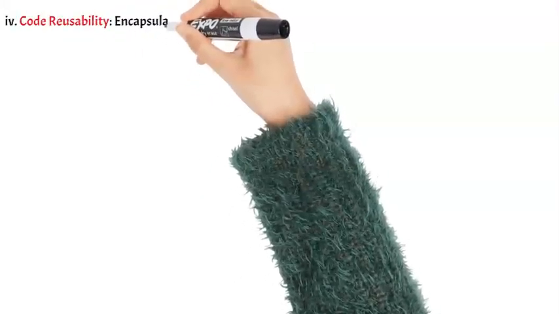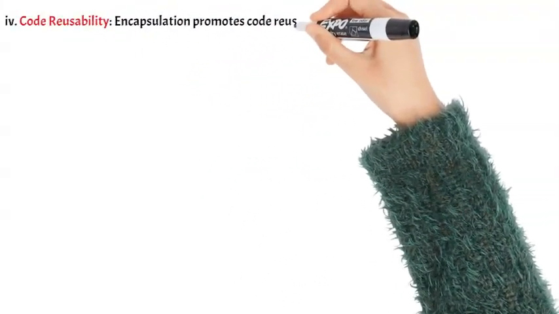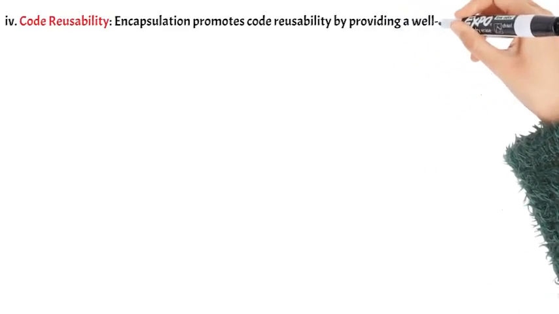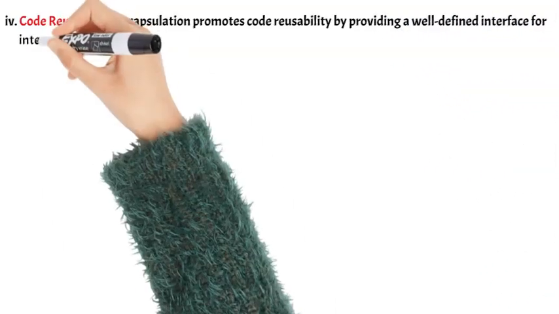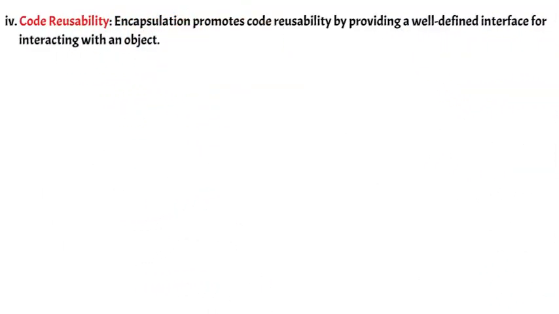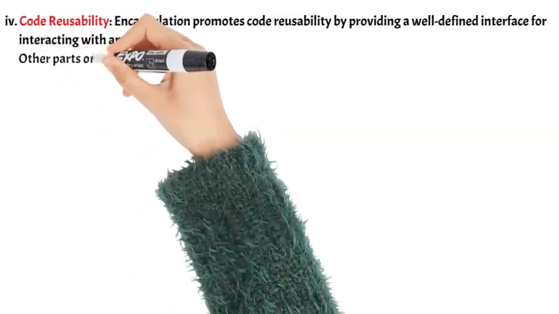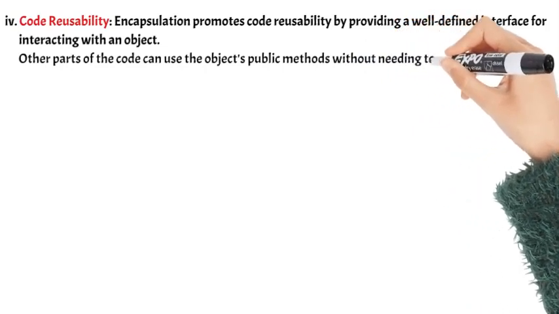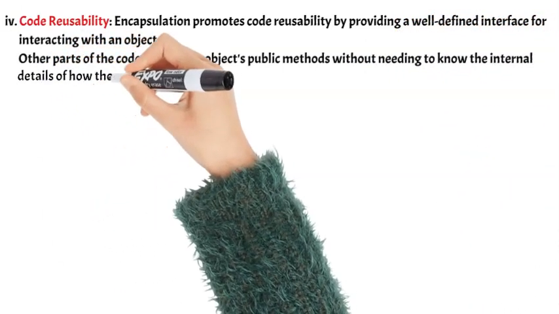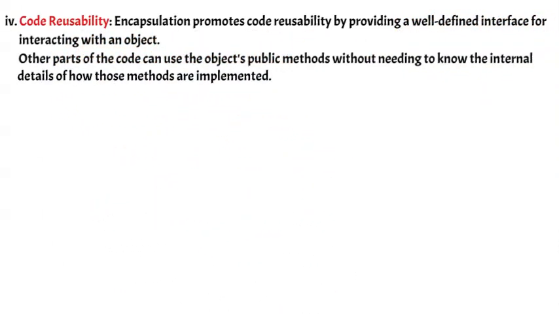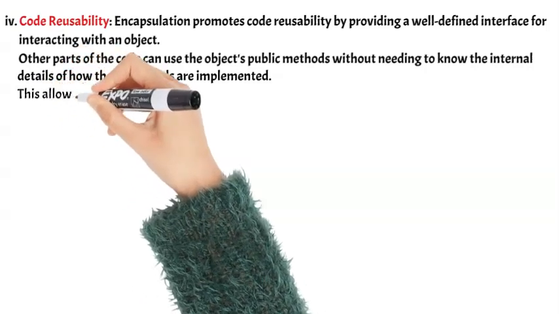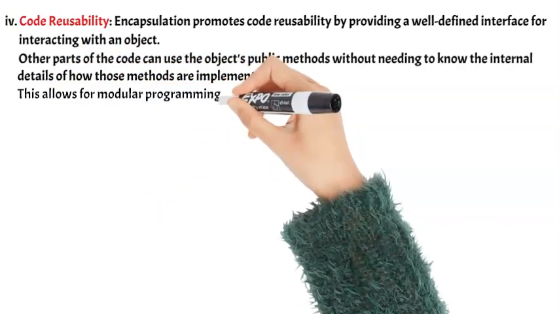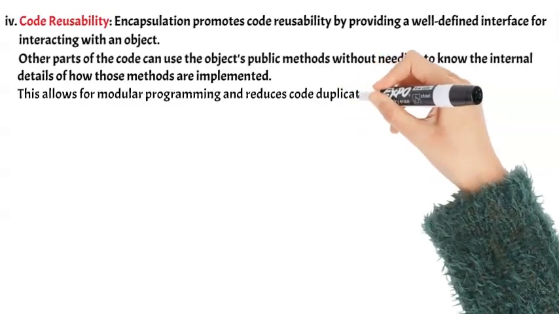Code reusability. Encapsulation promotes code reusability by providing a well-defined interface for interacting with an object. Other parts of the code can use the object's public methods without needing to know the internal details of how those methods are implemented. This allows for modular programming and reduces code duplication.